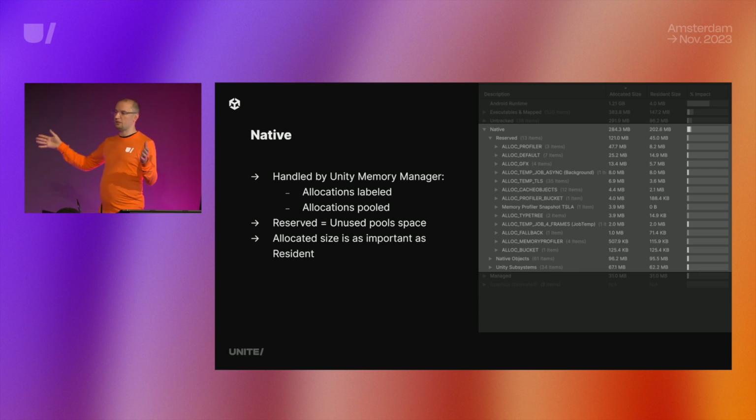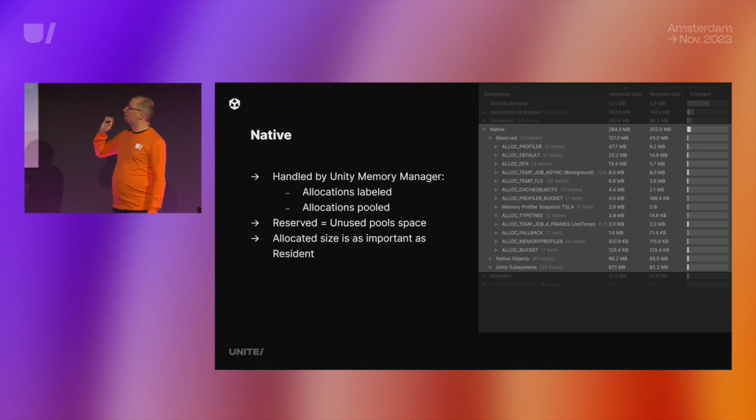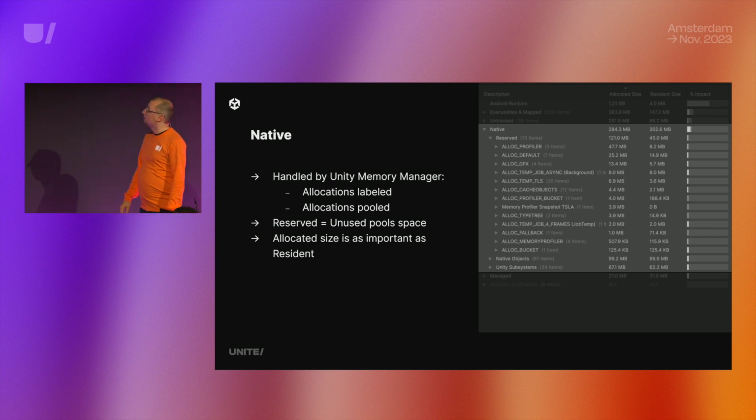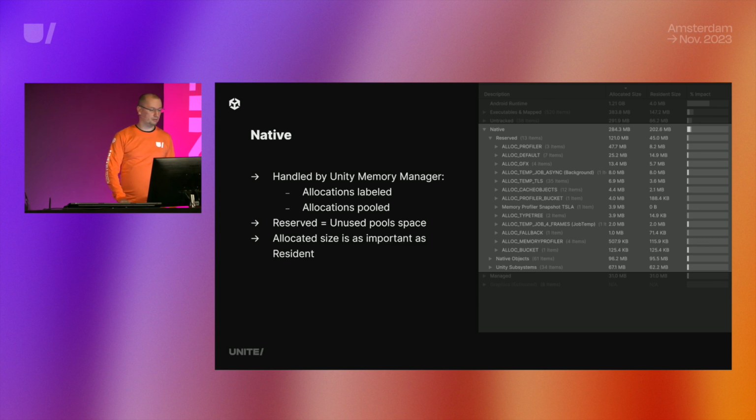So if you have a 16 megabyte chunk and have an 8-byte allocation inside of it, this chunk will still reside in memory, being marked as allocated. And it probably won't affect your resident memory size as much. But as I mentioned, anything at any particular time might become resident. As you can see, quite a significant part of reserved is actually resident as well. It's just the indication that it was used just a moment before we took the snapshot.